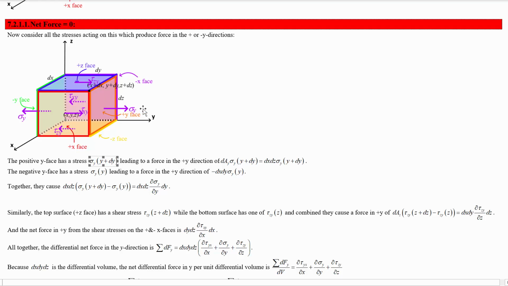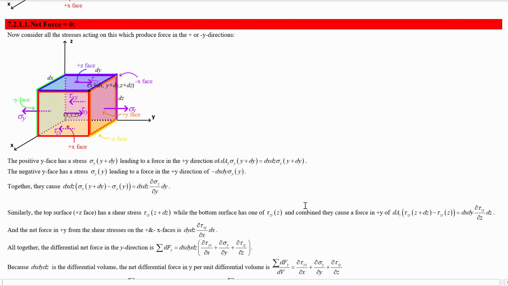So the net force would be the sum of those two, given that one is in one direction and the other is in the negative y direction, each times dA of that face, which is dx dz. So in total we have a net force in the y direction given by dx dz times sigma y at y plus dy minus sigma y at y.